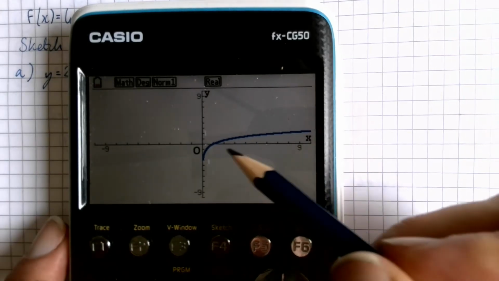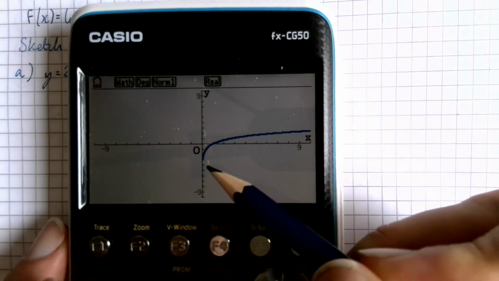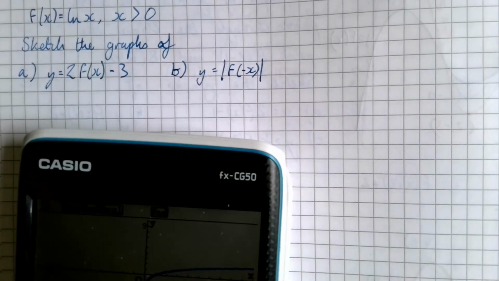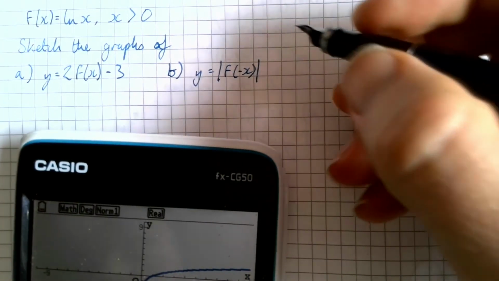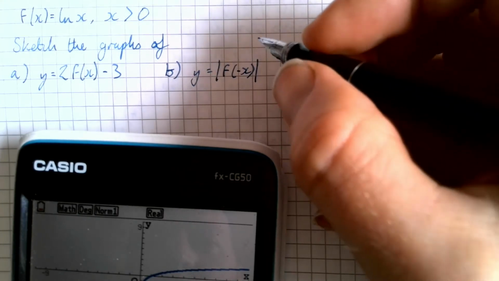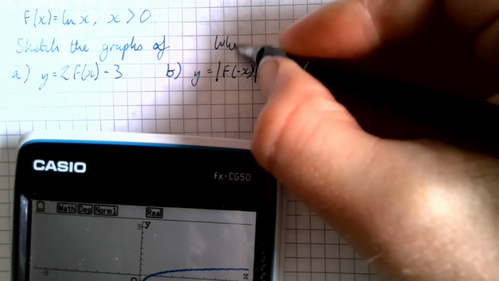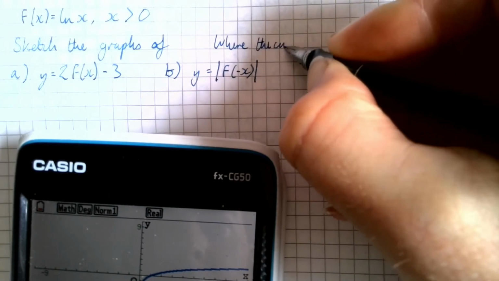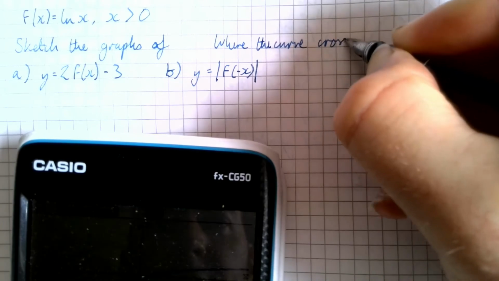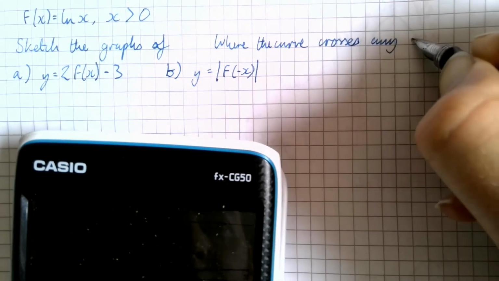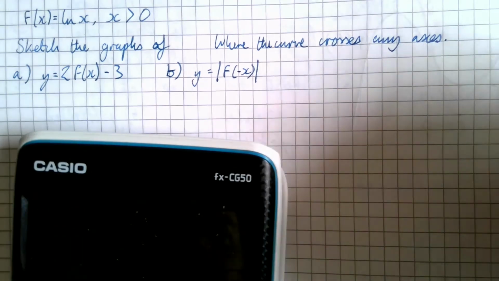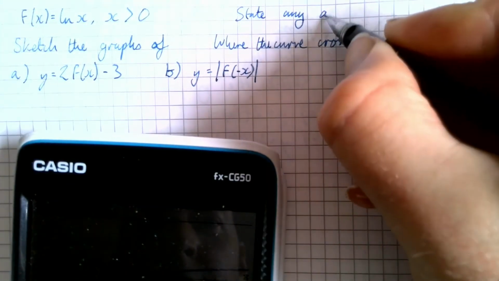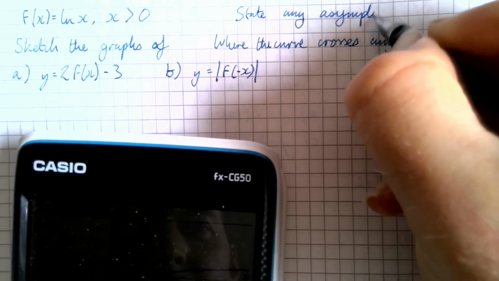So your natural logarithm, you've got an asymptote at the y-axis, and I left that off my question. Actually, we need to know where the curve crosses any axes, and we also need to state any asymptotes.